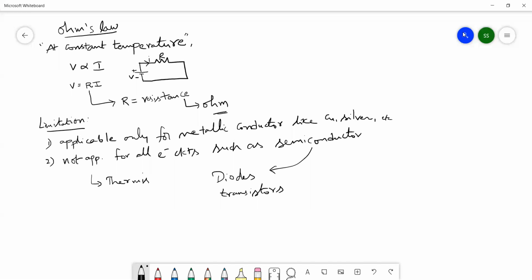What is a thermistor? It senses temperature, measuring the very high temperatures in industries. Since it is a temperature detection device, it does not maintain a constant temperature; there are fluctuations in the temperature. Therefore, the thermistor does not follow Ohm's law.